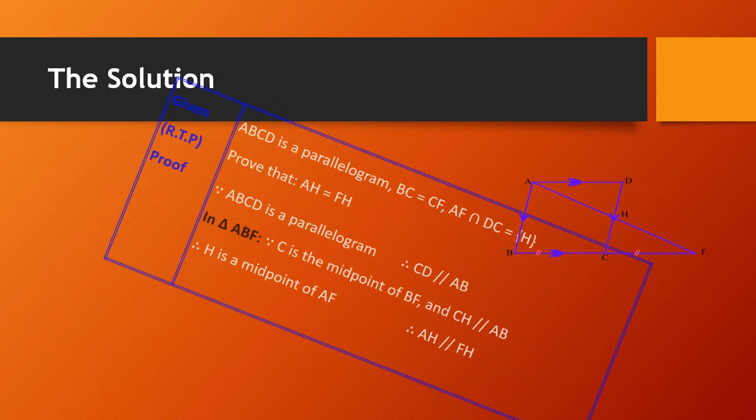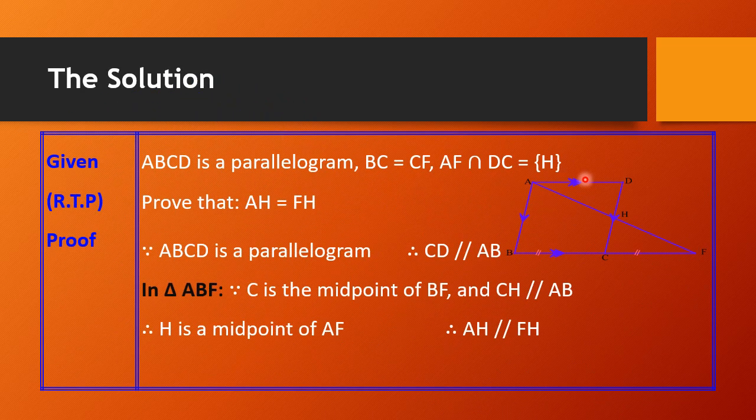The solution. Given ABCD is a parallelogram, BC equals CF and AF intersects DC at H. RTP: prove that AH equals FH. The proof.